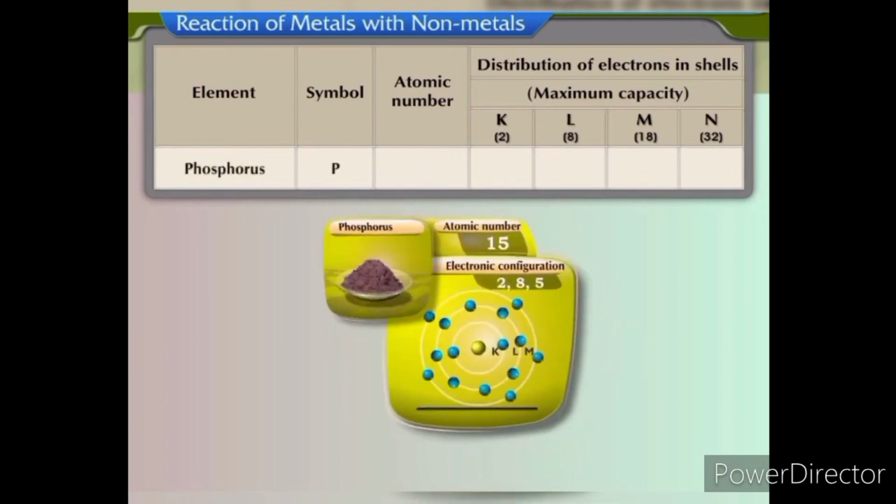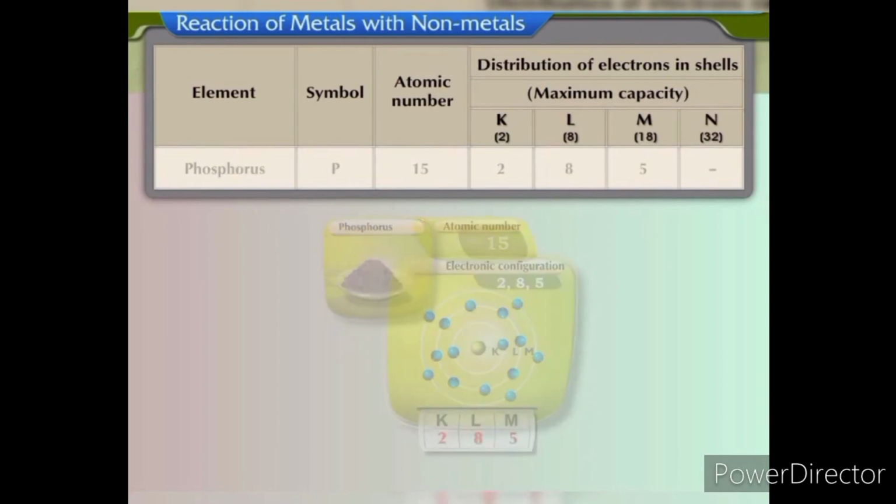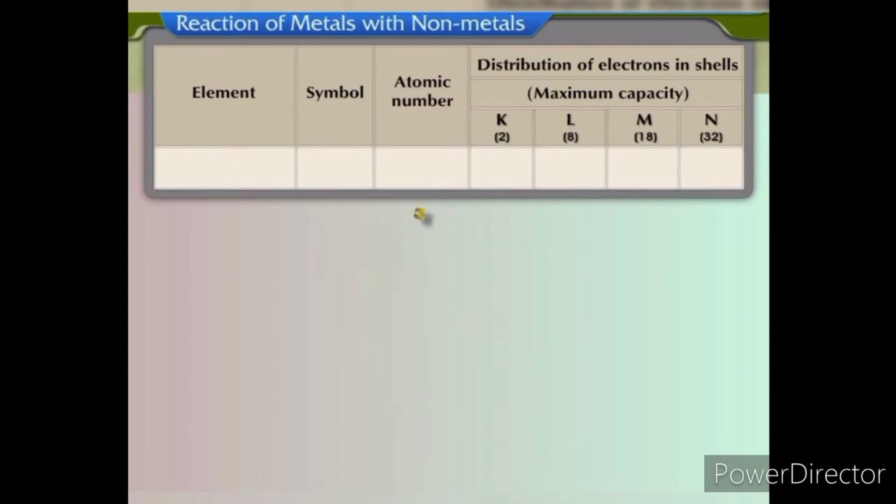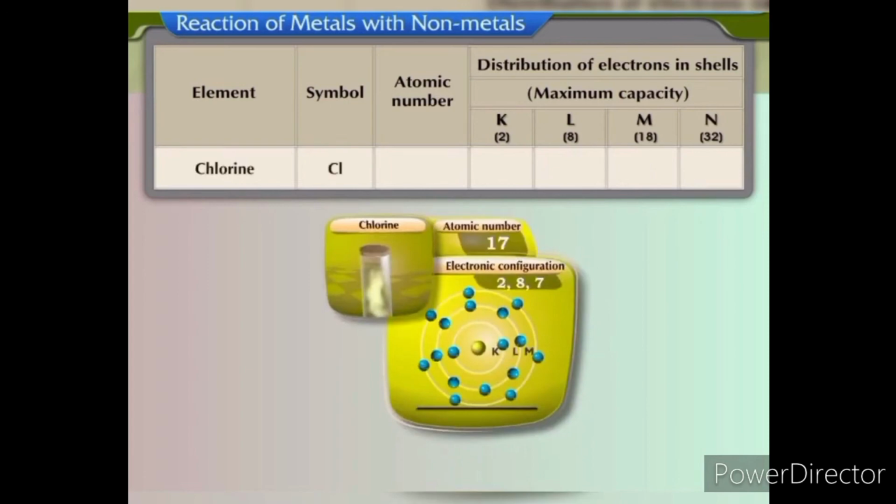Phosphorus, P, atomic number 15: 2 electrons in the K shell, 8 in the L shell, and 5 in the M shell. Sulfur, S, atomic number 16: 2 electrons in the K shell, 8 in the L shell, and 6 in the M shell. Chlorine, Cl, atomic number 17: 2 electrons in the K shell, 8 in the L shell, and 7 in the M shell.